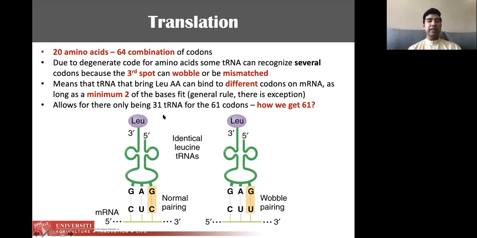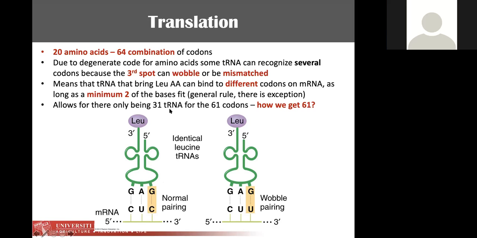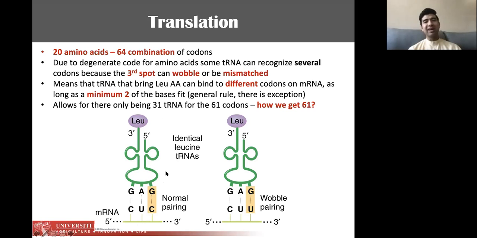Meaning that a tRNA carrying an amino acid such as leucine can bind to different codons on the mRNA as long as a minimum of the first 2 bases fit. The third one is not very specific. That's why when you look at the table of amino acids with codons, some of them, especially the third part, are not exactly specific.